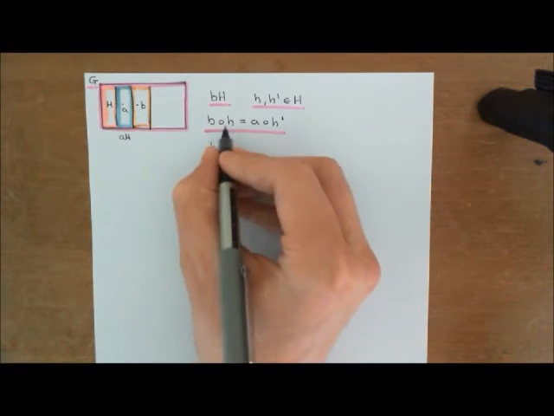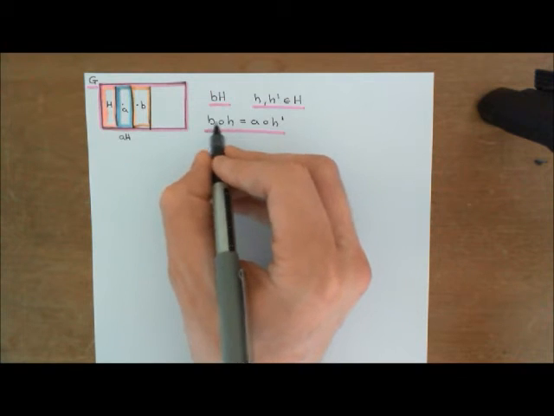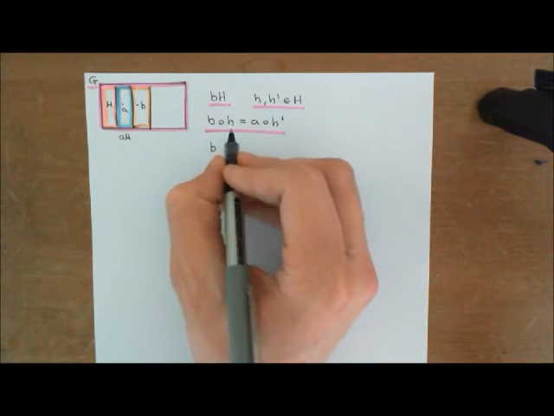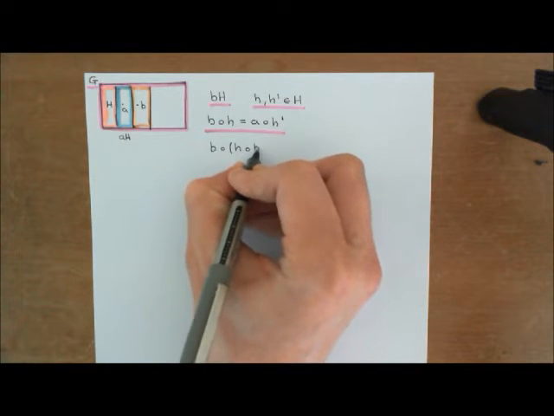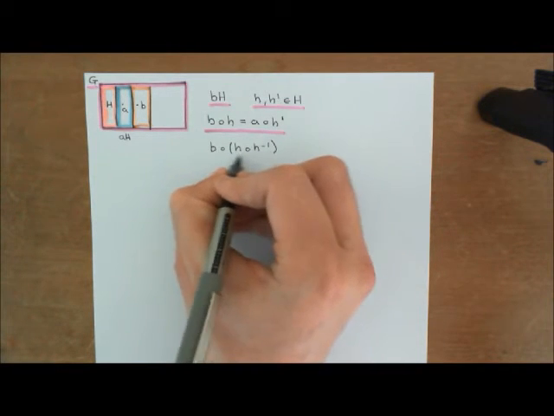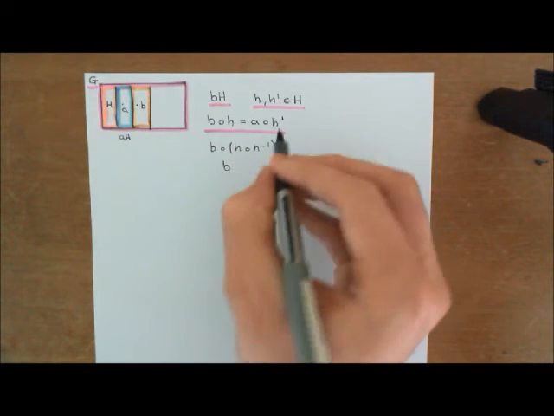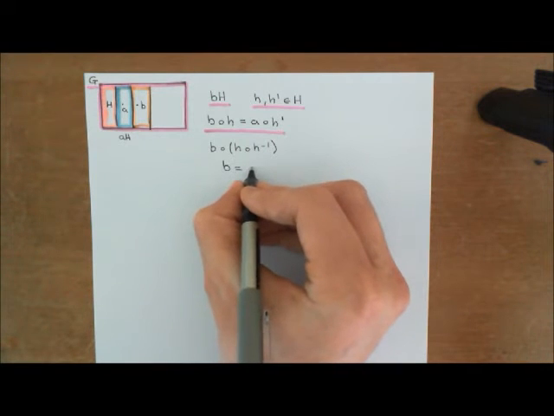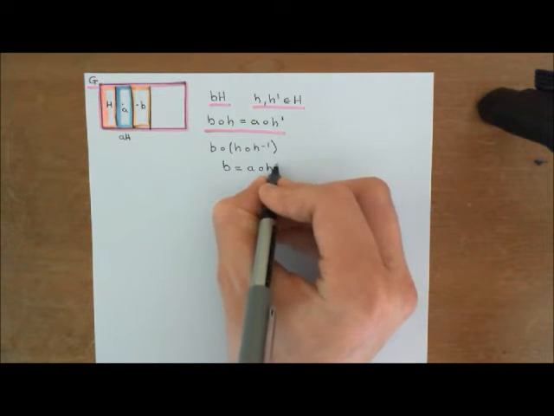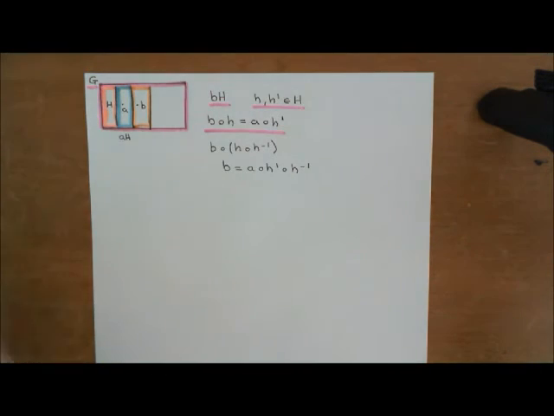When you compose the left hand side of this equation with little h inverse, you get little h composed with little h inverse. Of course that is just the identity element, so this just becomes little b. On the other side of the equation, you end up with little a composed with little h prime composed with little h inverse.